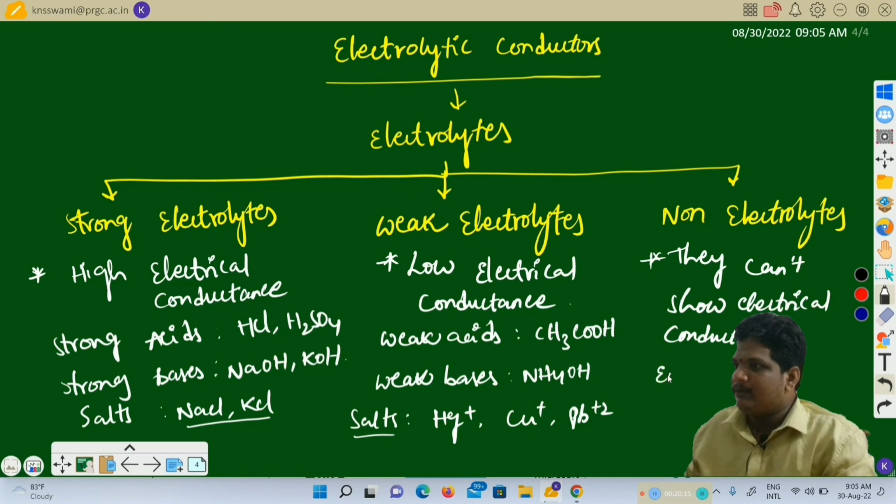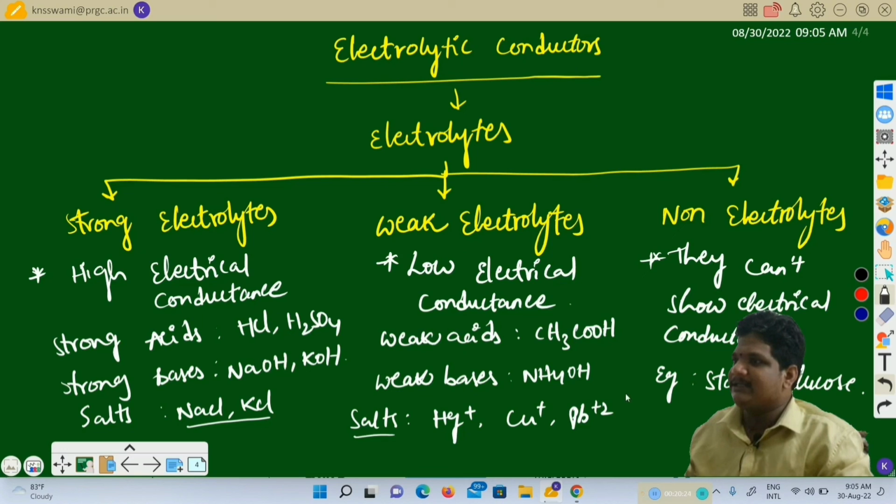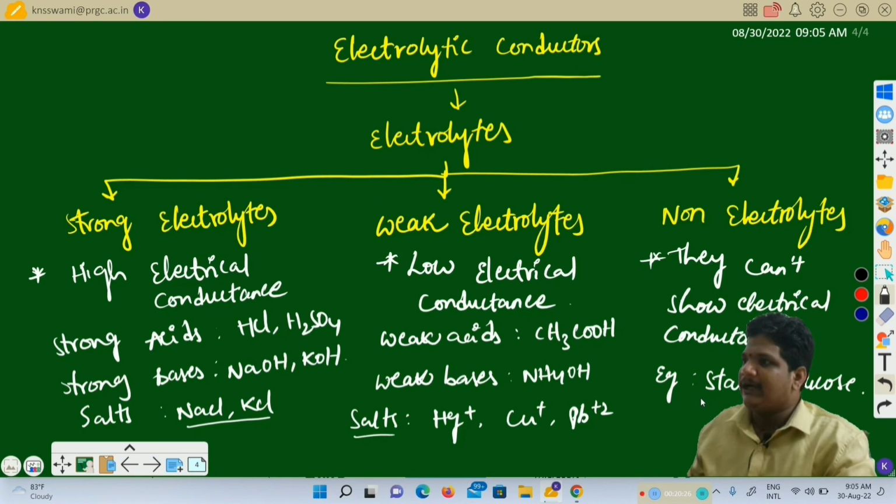For example, starch or glucose. These substances do not show any kind of electrical conductance because they cannot undergo any decomposition in aqueous media or in solution state. In this way, electrolytes are classified into strong electrolytes, weak electrolytes and non-electrolytes.